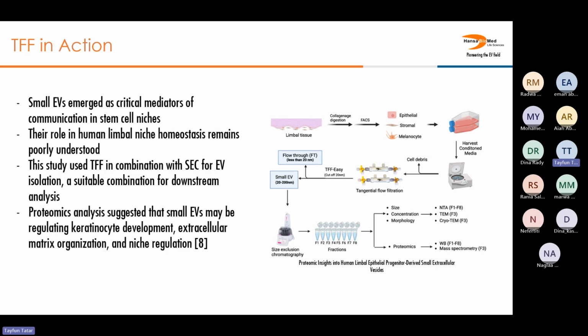And here we can see that this combination is suitable for downstream analysis because in this study, the downstream analysis is performed through proteomic analysis, which suggests that these small EVs may be regulating keratinocyte development, extracellular matrix organization, and niche regulation within the human limbal niche.